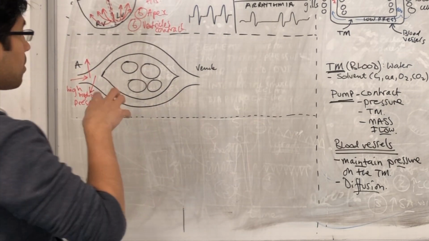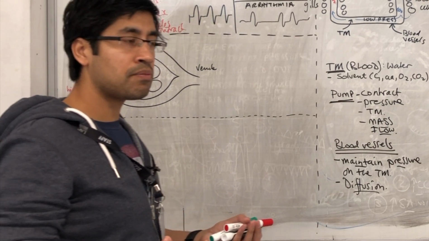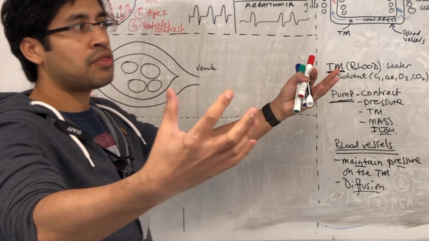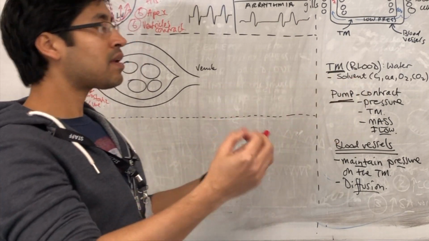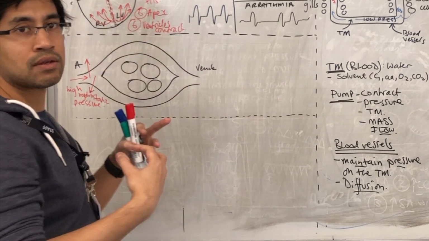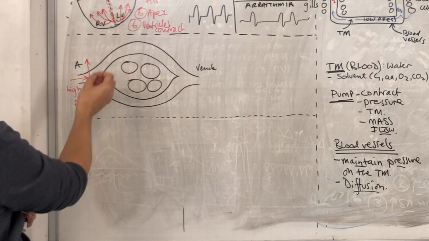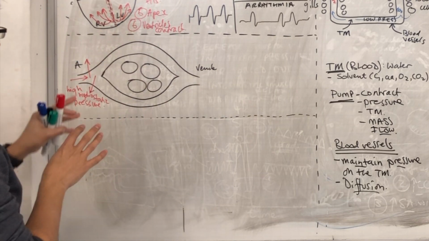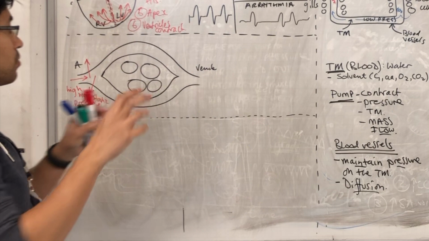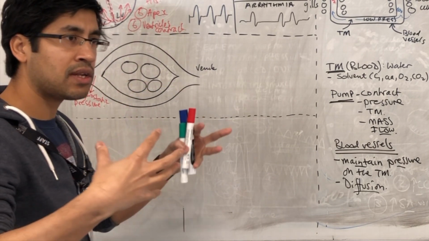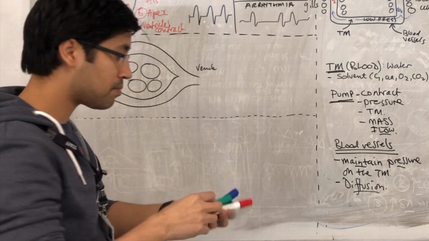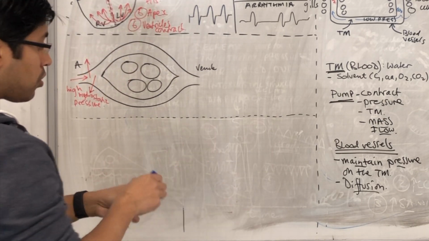Okay, so because of the stuff that's dissolved in blood, there is a force acting on the water to come in. So while the hydrostatic pressure is forcing fluid out, because of the water potential, there's actually a force that's kind of attracting the water inwards. We're going to call that oncotic pressure.